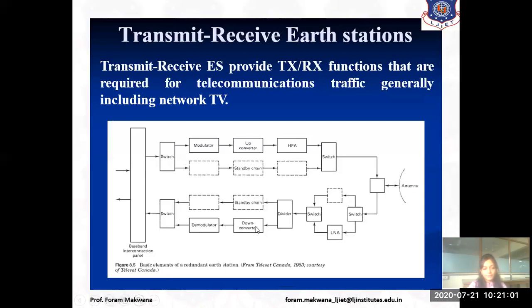Okay, the signal is down converted with the help of a mixer. Then it is demodulated by the demodulator, and with the help of the switch the signal is coming over here on the baseband interconnection panel. So this is the block diagram of the transmit receive earth station.